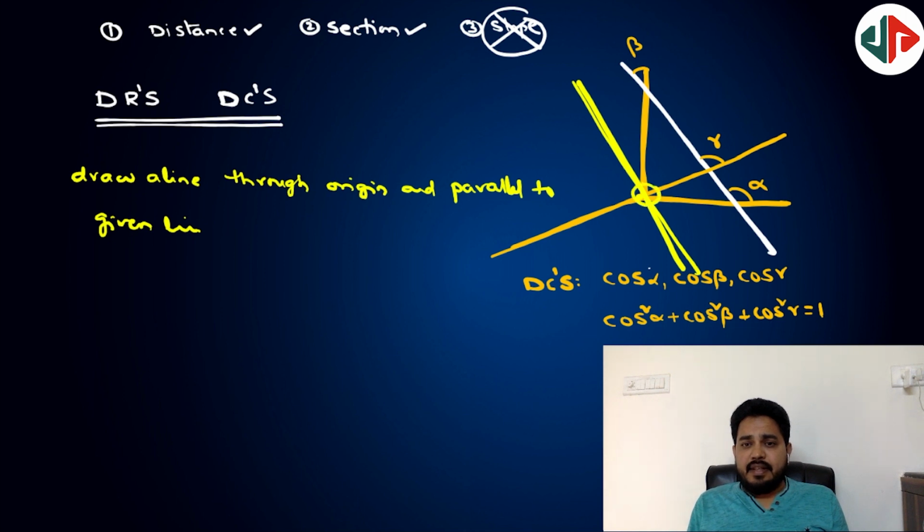Except the origin, every point on this line represents the direction ratio.